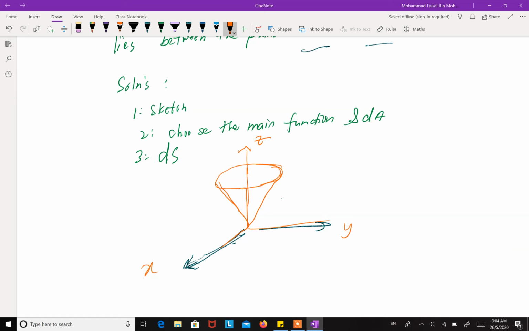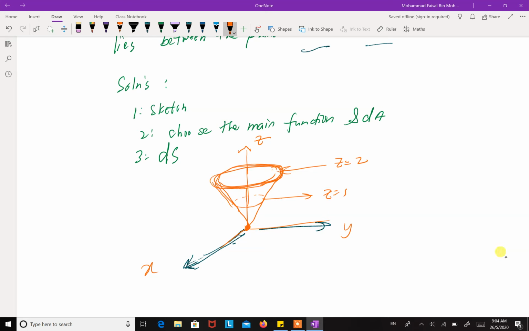So what I have now is a cone. Let's say this is 0, 0, 0. So this will be z equals to 1, and I put another plane, z equals to 2, here. Actually it can be extended more, so I just choose here.